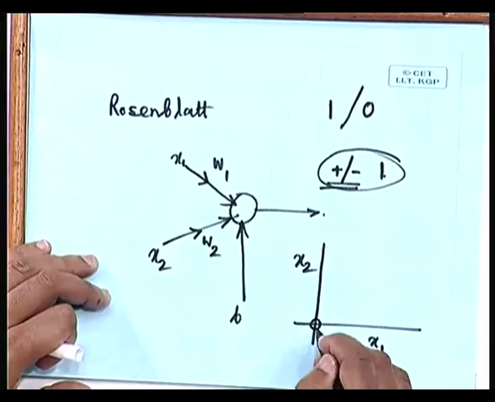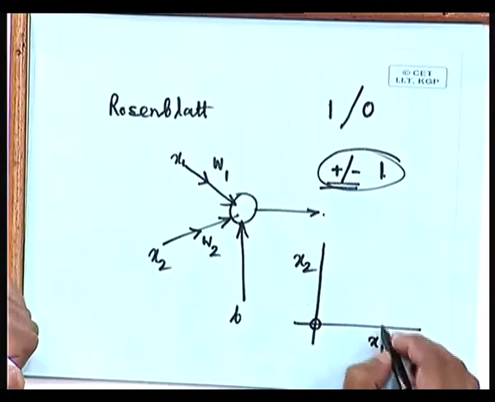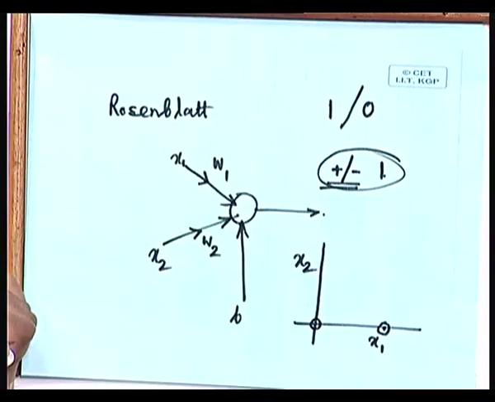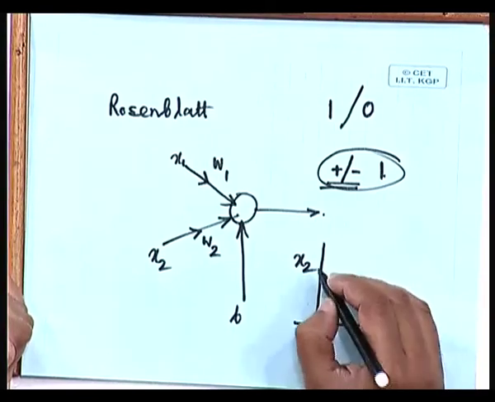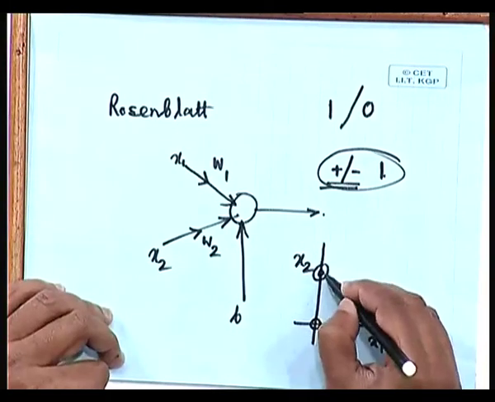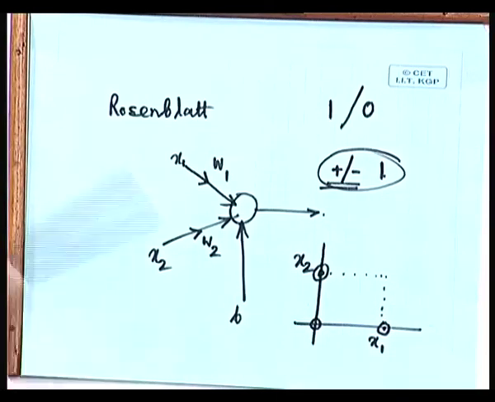So, when x1 is equal to 0 and x2 is equal to 0, then the output is equal to 0. When x1 is equal to 1 and x2 is equal to 0, then also the output is 0. When x2 is equal to 1 and x1 is equal to 0, that means to say this point, then also the output is equal to 0, but when x1 and x2 both are equal to 1, then the output is going to be 1.